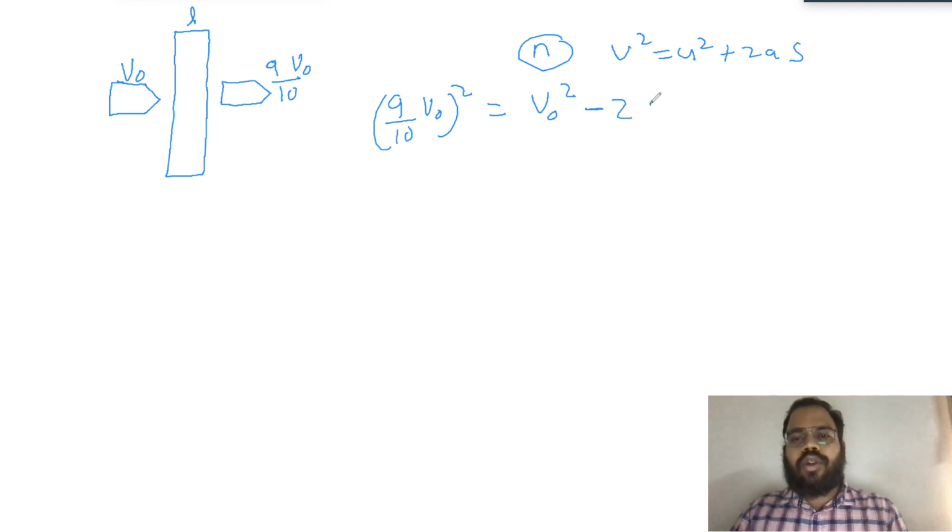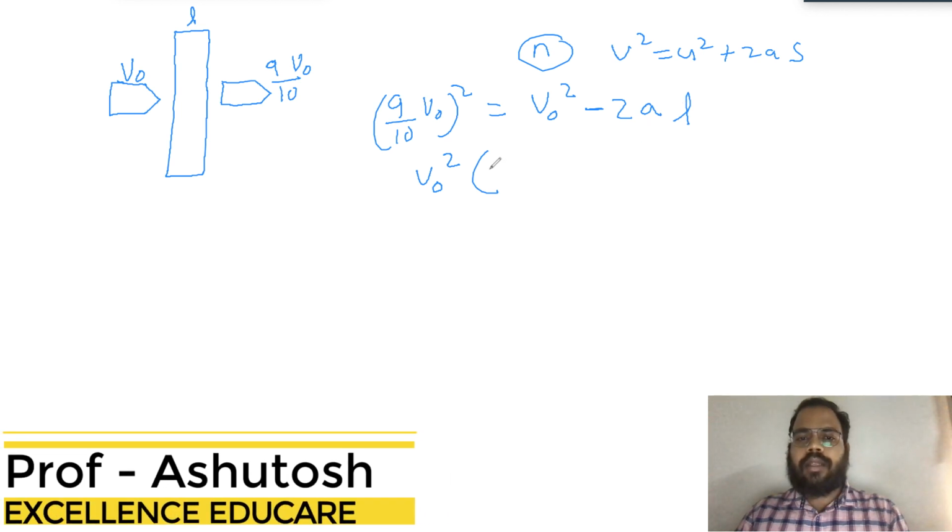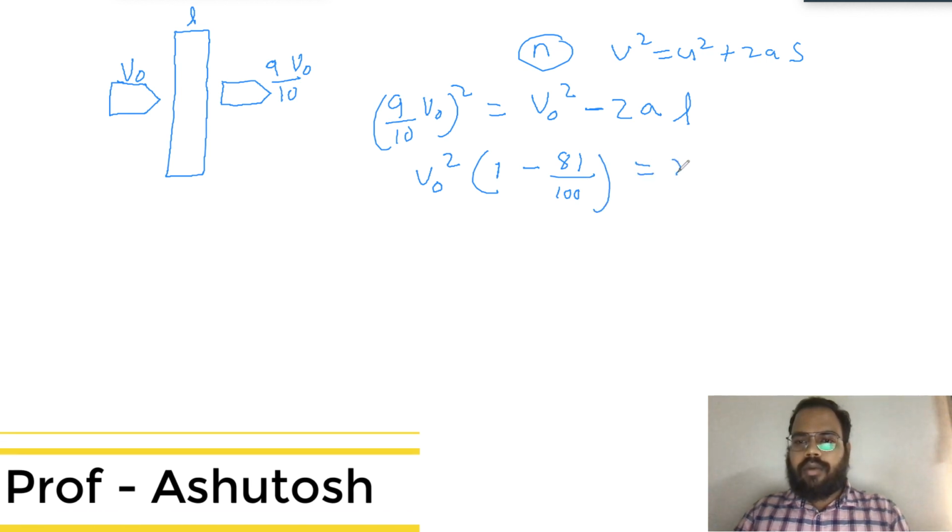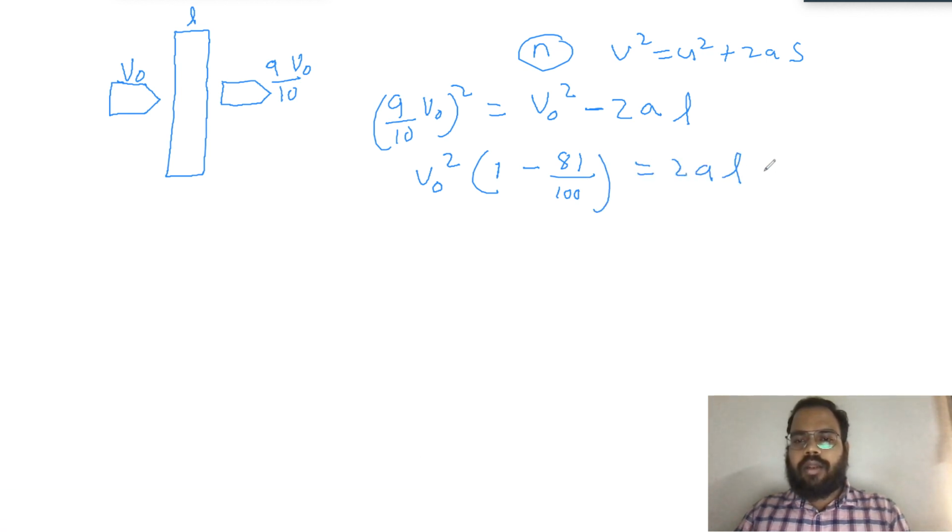So I'll directly write minus 2a, and length for one bunker is L. If I simplify this, I take this at this side and this at that side, and I get v0 square times 1 minus 81 by 100 is equal to 2a into L. Let's call this my first equation.